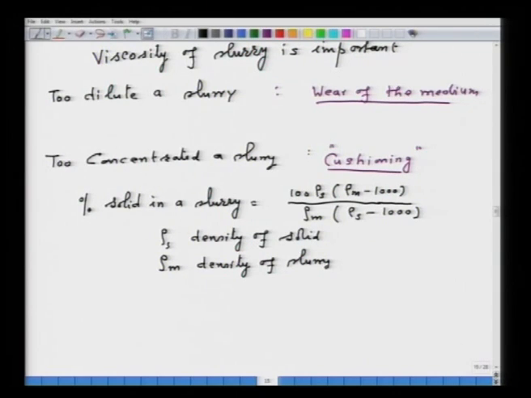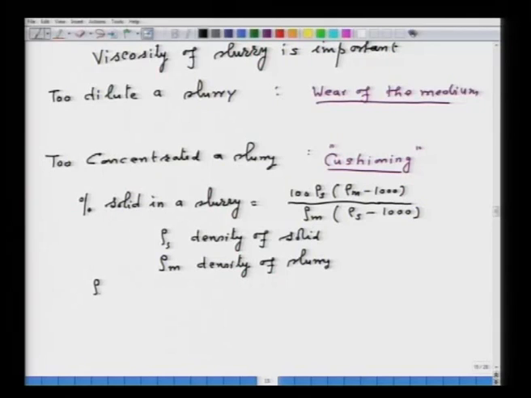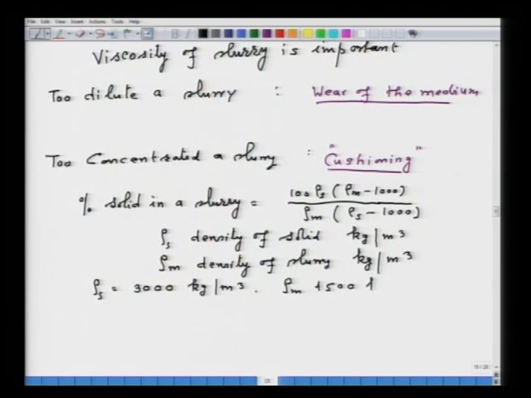So, just as an illustration, if I take for example a solid which has a density rho s equal to 3000 kilogram per meter cube. Now, you have to substitute all values in kilogram per meter cube, because I have used the density of water in kilogram per meter cube. And let us say we want to make the density of slurry 1500 kilogram per meter cube.